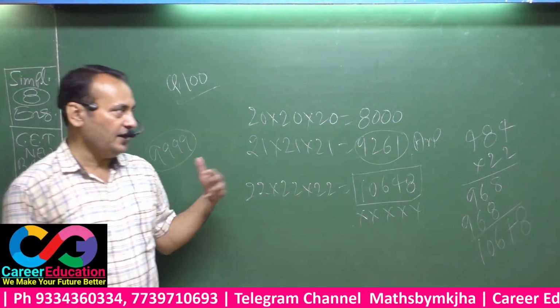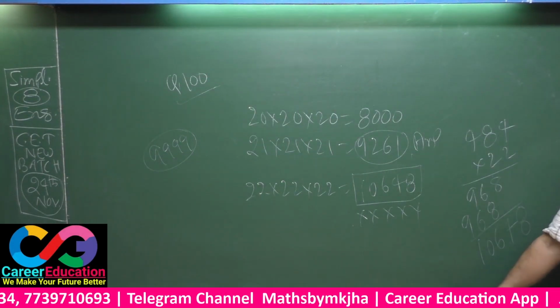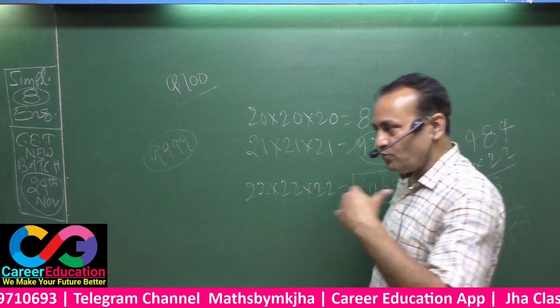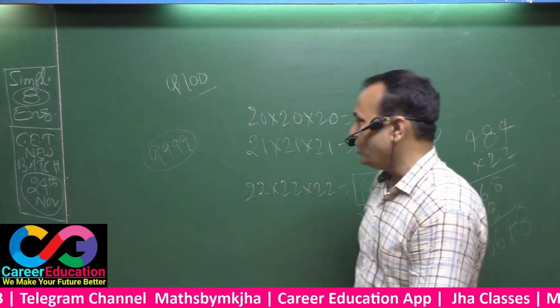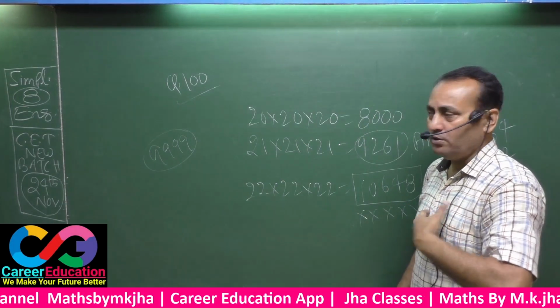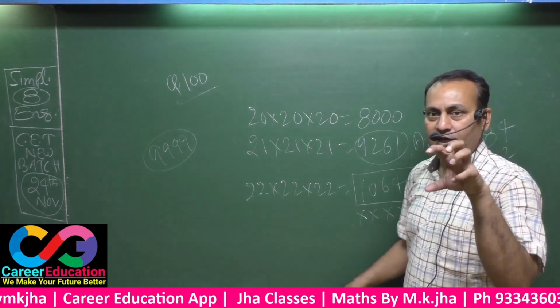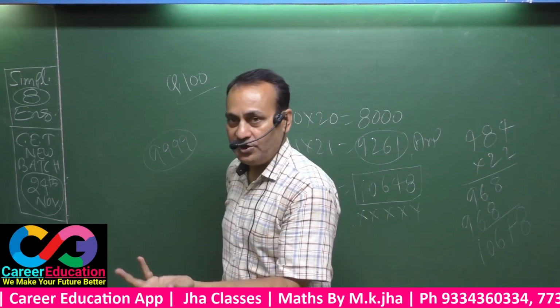In order to search any cube number, you have to go through this way. That means you have to guess going to the nearest of that number. That means we must know 9999 is the biggest number of 4 digits.